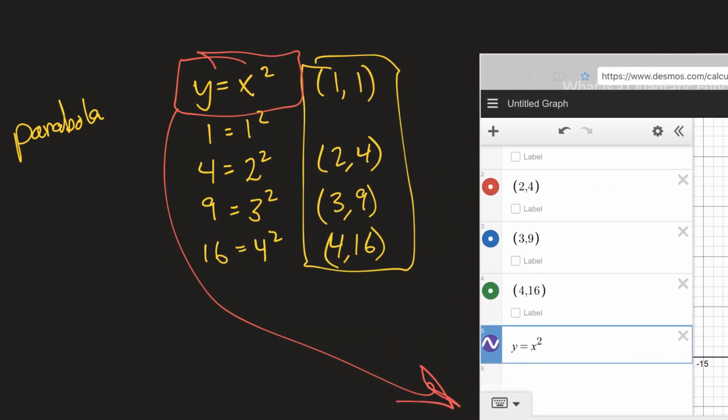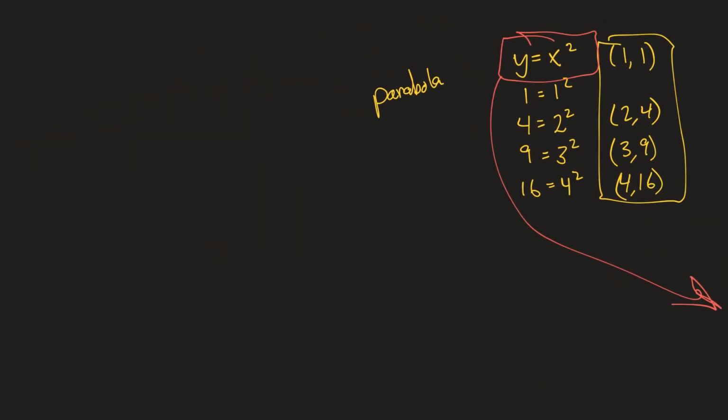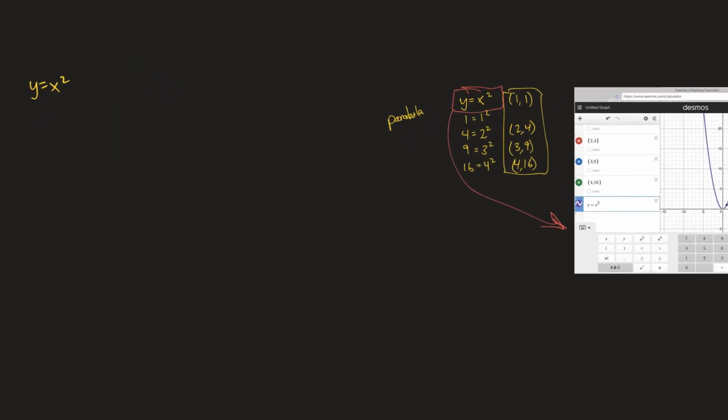If I return to my y equals x squared, remember all of these ordered pairs that are right here, I'm going to rewrite these ordered pairs, but I'm going to do it a little bit differently to show something.